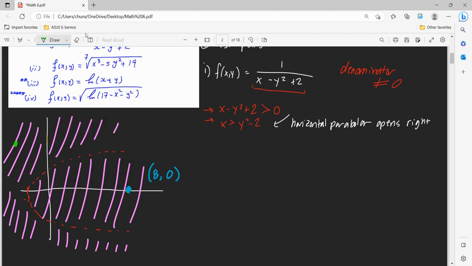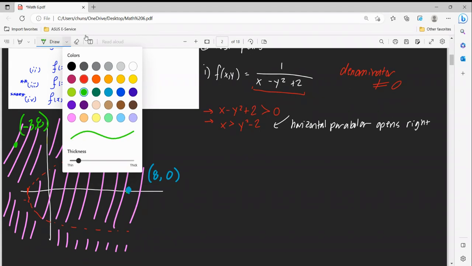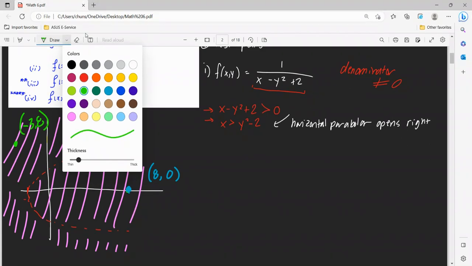And this test point is -3, 8. Okay, so given those values, let's test to see if they fit our needs, if this whole function is greater than 0.